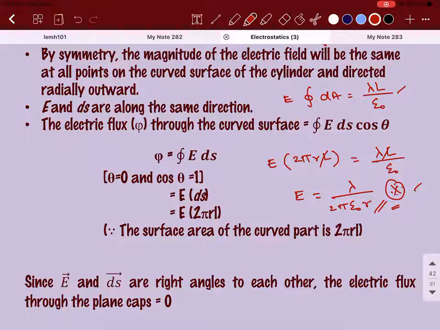Clear? I'm assuming that every step is clear, right?